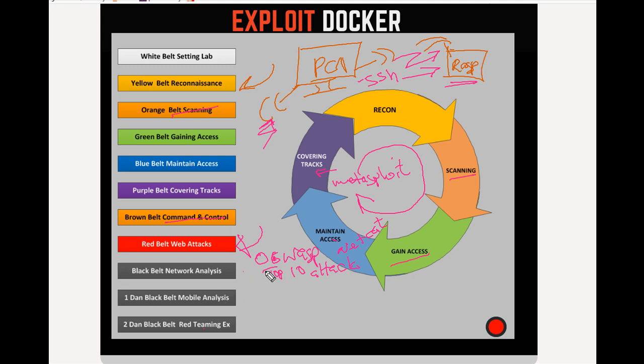We are also going to do some network analysis using Wireshark and other tools. And we are going to go into Android pen testing, and then towards the end we'll finish with the Red Team exercise.